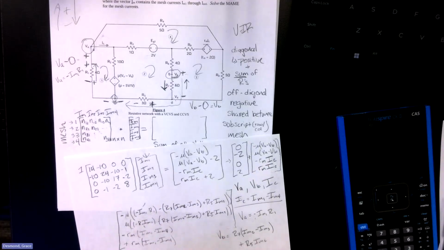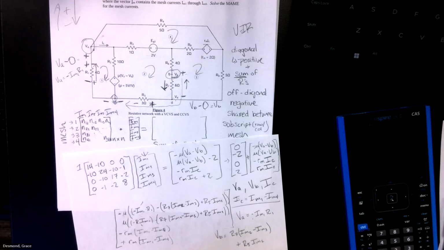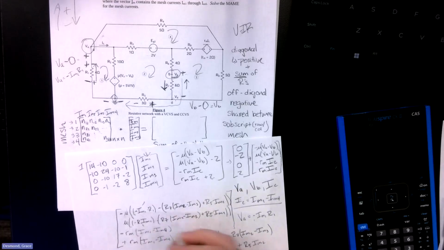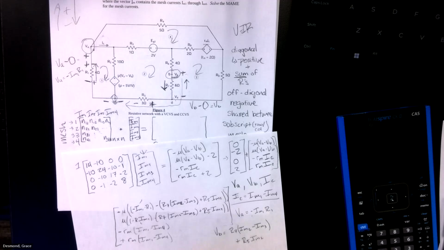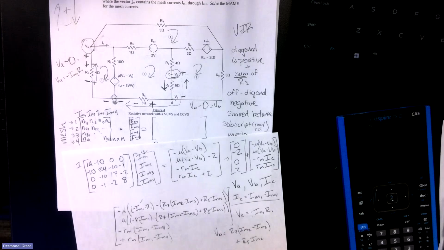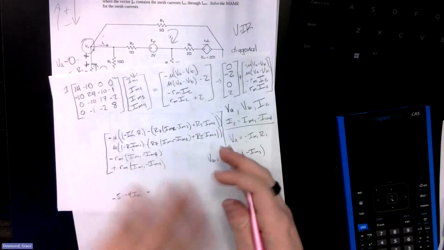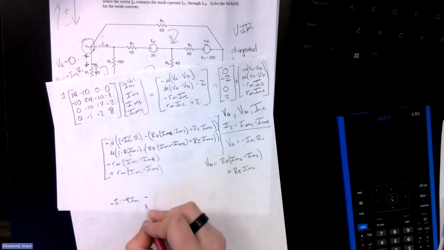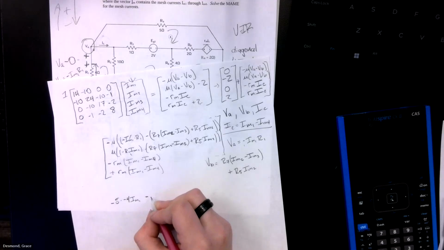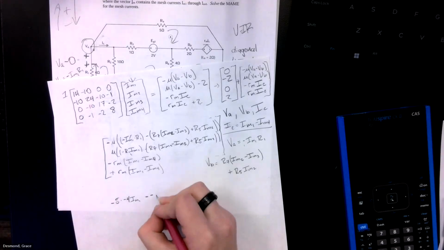So we have negative 5 times negative 4 IM1, right? Minus negative or 7.